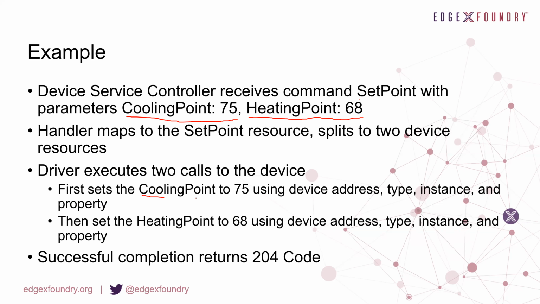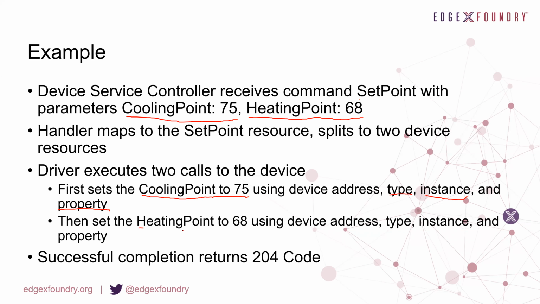So the first one is going to be setting the cooling point to 75. And so we'll have our address information for BACnet. You might have an IP address. You might have some key information about how to reach and interface with the device. And then it's going to pull the device resource information for cooling point about the type, instance, and property in order to let our BACnet driver know how to actually reach the data that we know is there.